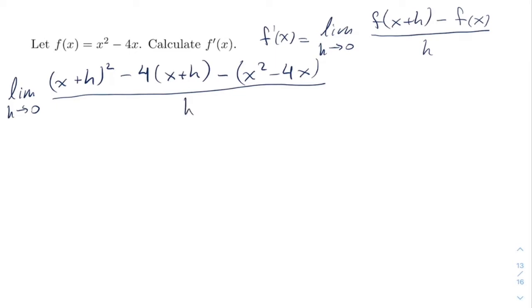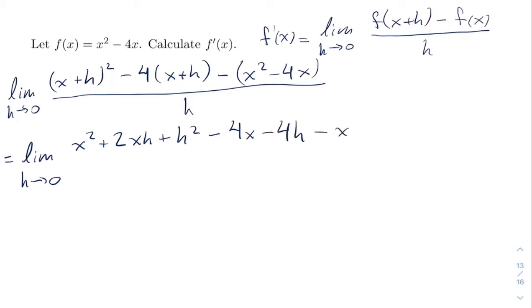So here we'll have to do some algebra to work with this expression. First of all, we can expand this square, and we will get x squared plus 2 times x times h plus h squared minus 4x minus 4h minus x squared plus 4x, and all that divided by h.